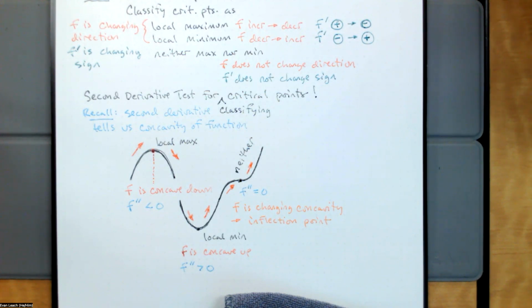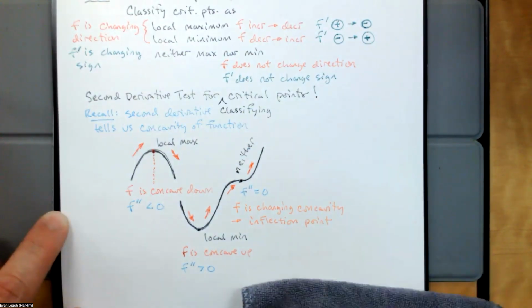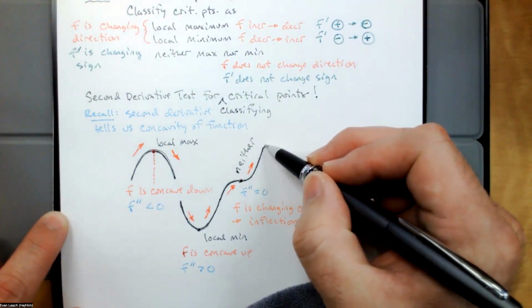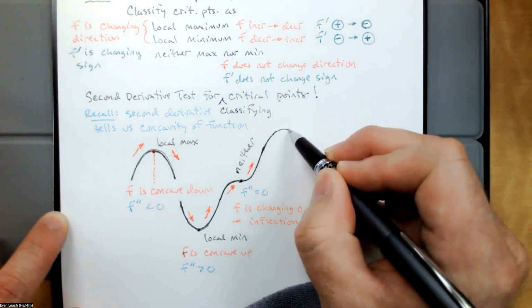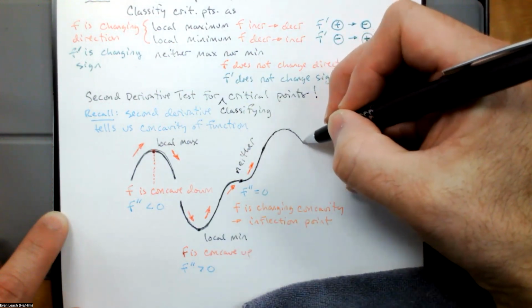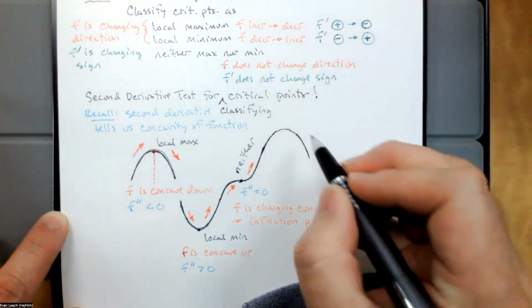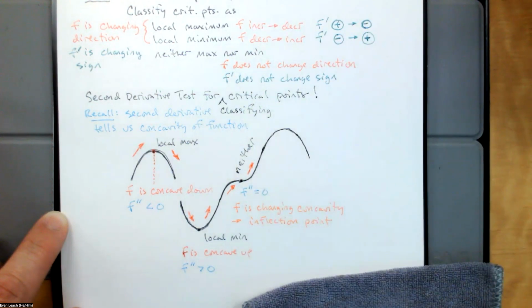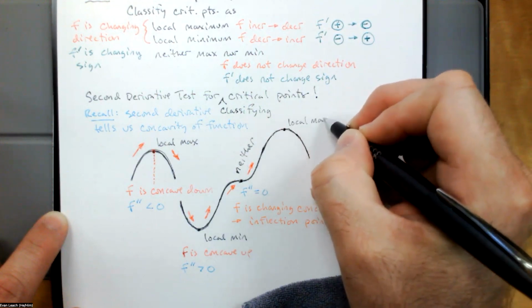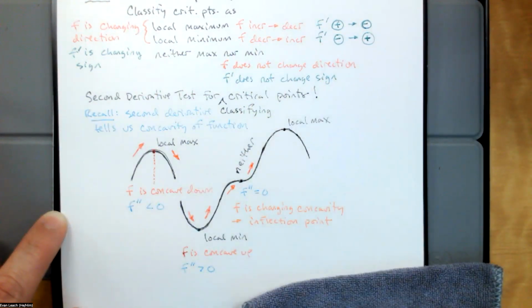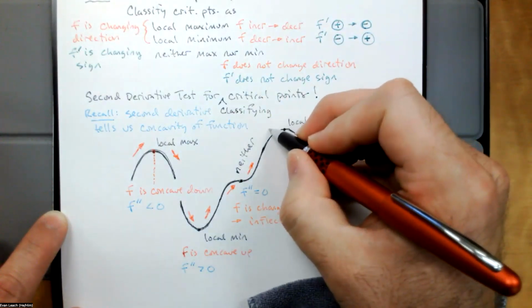In this case, the second derivative was equal to 0 at a critical point, and it turned out to be neither a minimum nor a maximum, but it is also possible that we get a critical point where we get a local max because our function is changing from increasing to decreasing.